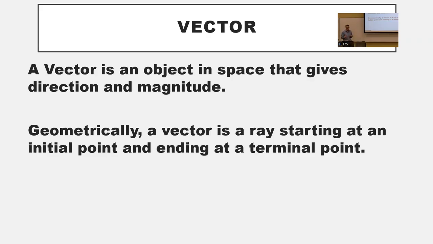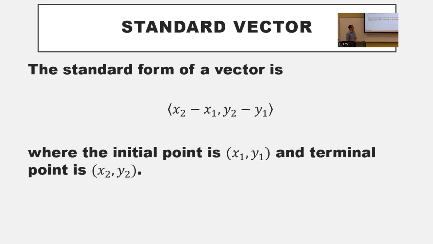And because we have both direction and magnitude, geometrically, it's a ray that's starting at some point and ending at some other point. We call the starting point the initial point and the ending point the terminal point, right? So we've got an initial and a terminal point.